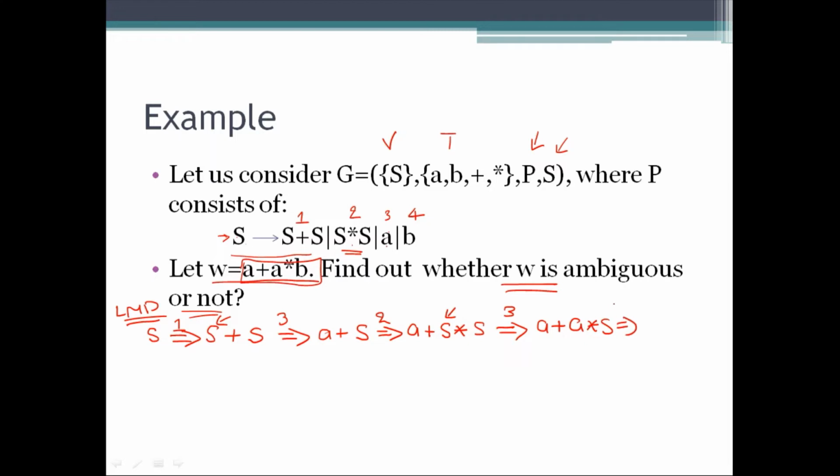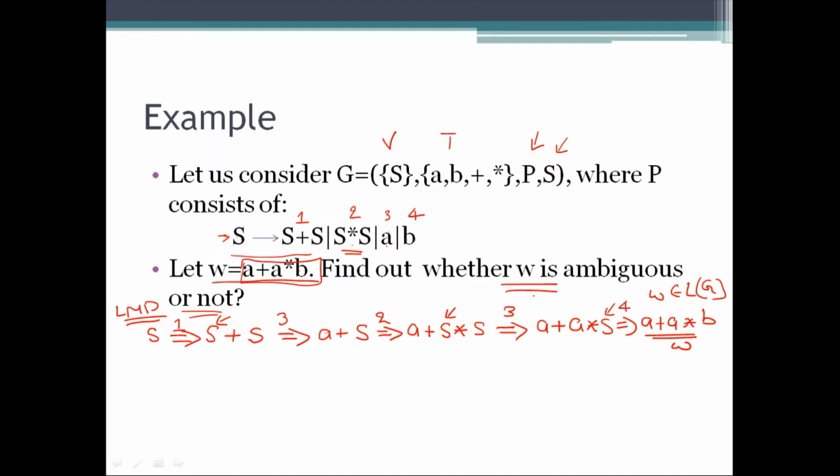Now only one non-terminal is there, so you have to use production rule 4, S is rewritten as B. So you write A plus A asterisk B. Now you can see that W is derivable from the start symbol, so we can say that W belongs to L of G. So the first thing you have completed.